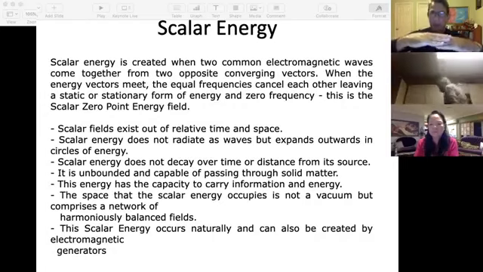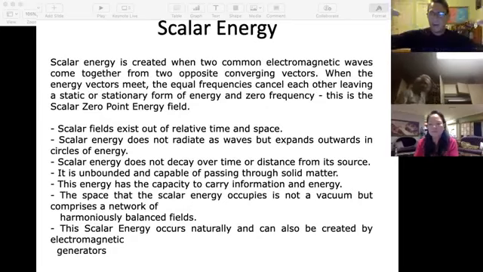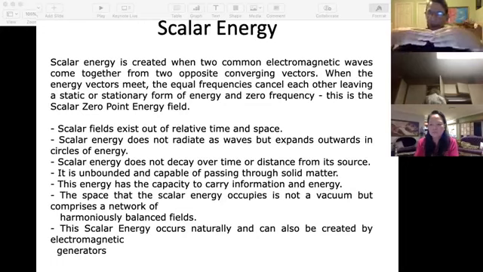And these scalar waves are basically like compression longitudinal waves, like sound waves. So they radiate out in all directions, as opposed to electromagnetic frequencies, which travel in a particular vector in a straight line. But when those two straight lines come together and match, they can neutralize to create circular standing waves, which is what we call the scalar zero-point field.